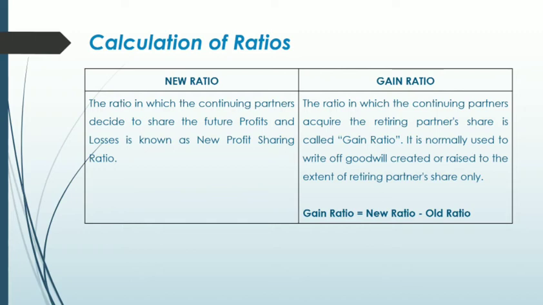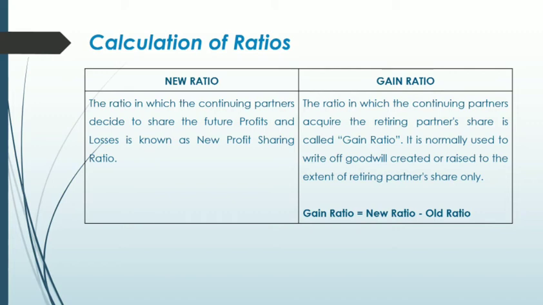Likewise, in admission of partner and retirement of partner, we also have to calculate certain ratios, that is new ratio and gain ratio. The ratio in which the continuing partners decide to share the future profit or losses is known as new profit sharing ratio, whereas the ratio in which the continuing partners acquire the retiring partner's share is called gain ratio.